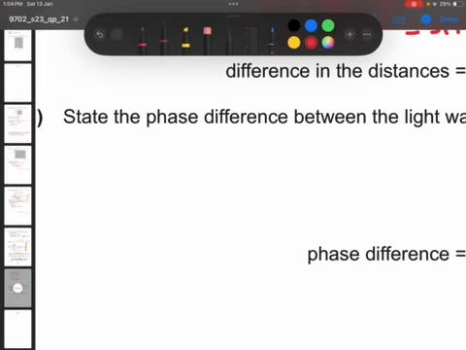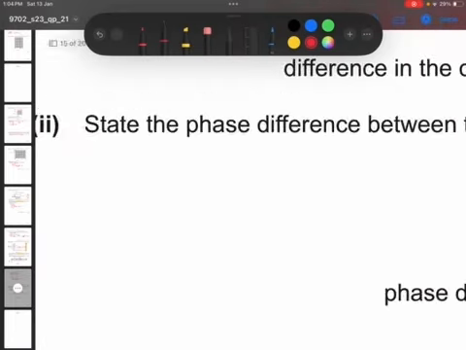It's not the path difference on a single wave moving on its own. It's the path difference of the waves arriving from the slits to meet and form a bright fringe. You should not confuse it with any other path difference.